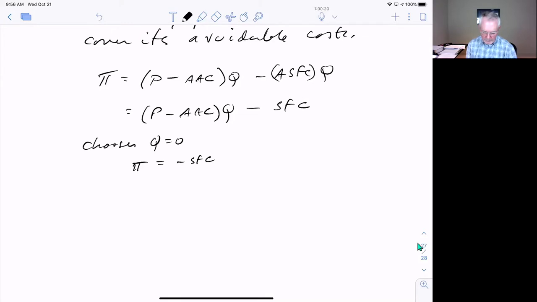Now, if, on the other hand, price, we said, is greater than average avoidable costs, then this term, price minus average avoidable costs, is positive.